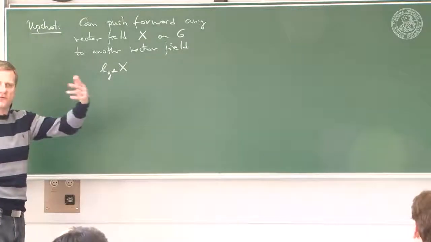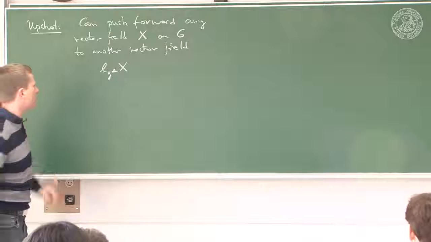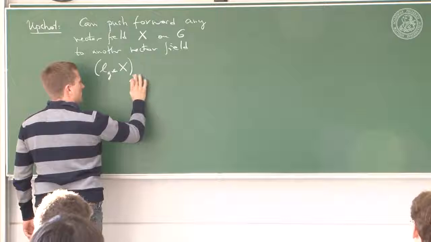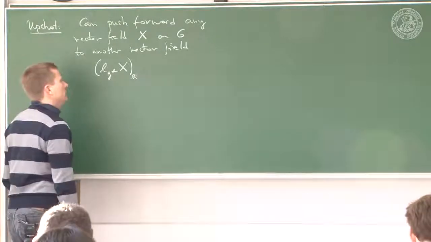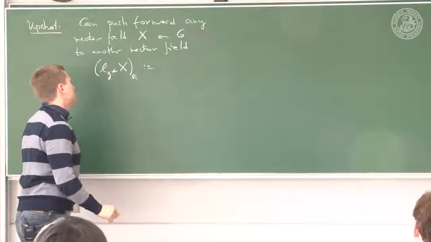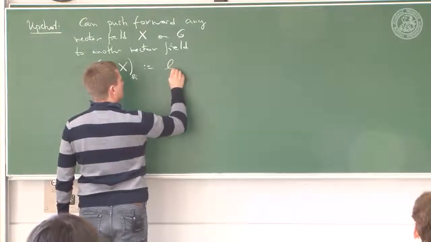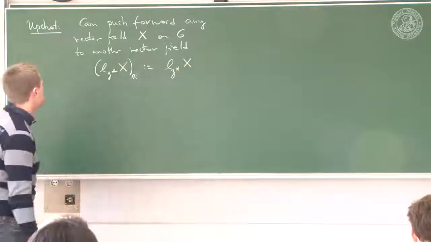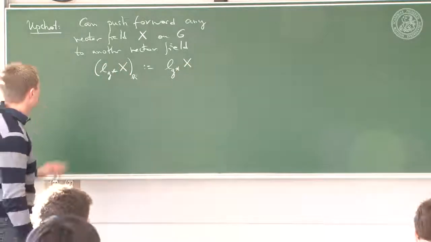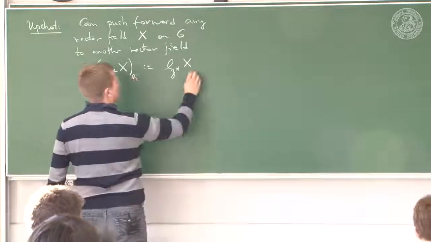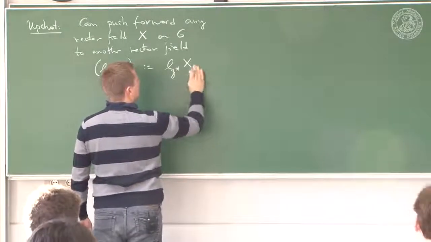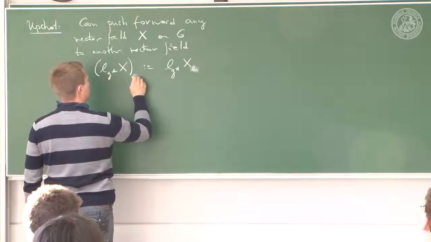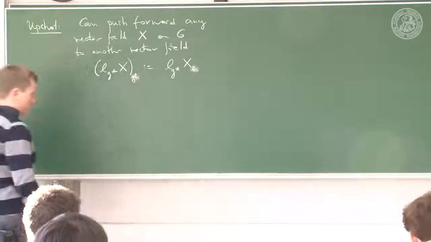We defined the push forward of a map on a vector, but not on a vector field. But I define it on the vector field at the point h in G. I define it to be the push forward of the vector field at the point h, and I think then what I want here is the push forward at gh.